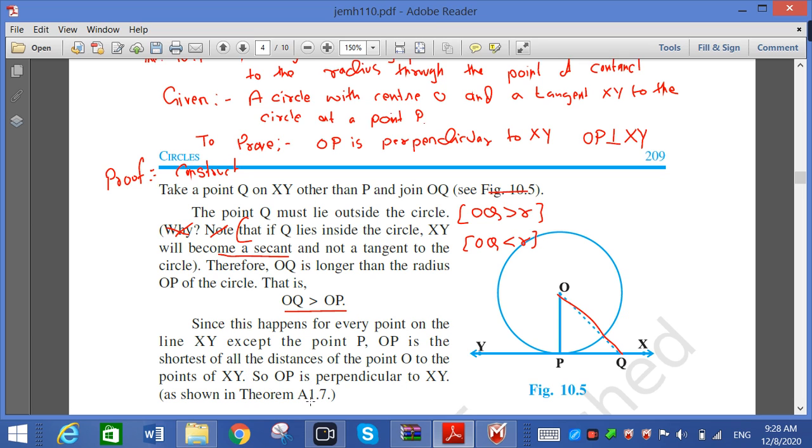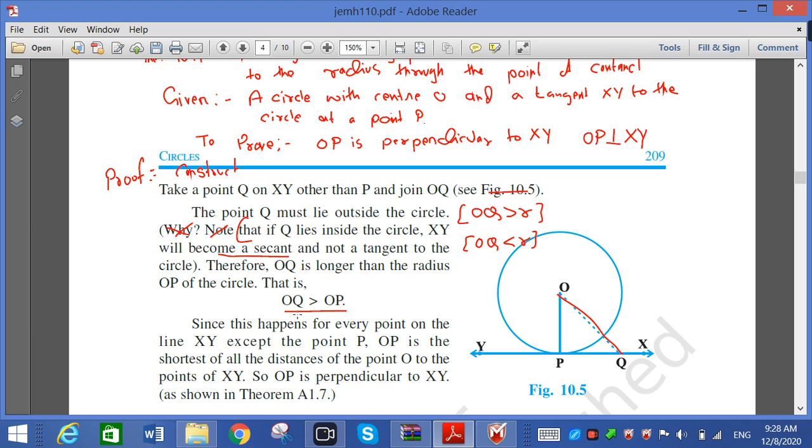This theorem is shown in Theorem 1.7, so it is not necessary to write it. Again I am explaining properly. Take a point Q outside and join OQ. Now we have to say that OQ is greater than the radius, so it is outside. If I take OQ less than the radius, then it is inside, and then it is called a secant.